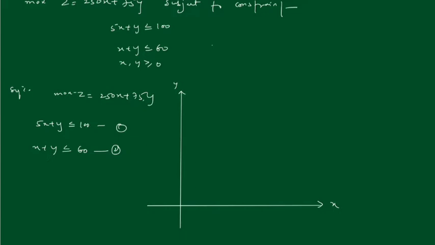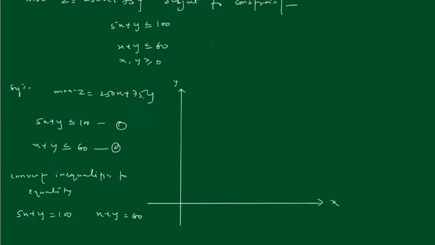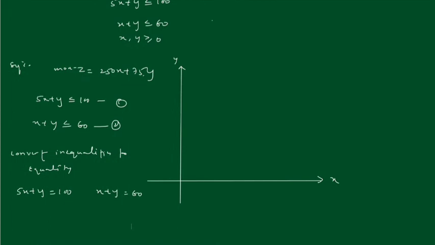First we have to convert the linear inequalities into equalities: 5x plus y equals 100 and x plus y equals 60. So put x equals 0, what do we get for the y value?